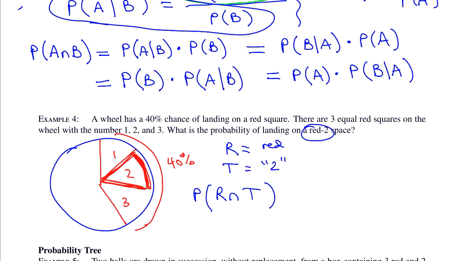So that's the probability of red intersect 2. Using my intersection formula, I'm going to rewrite this as the probability of red times the probability of 2 given red.